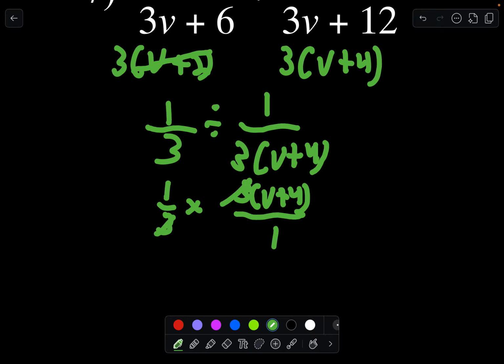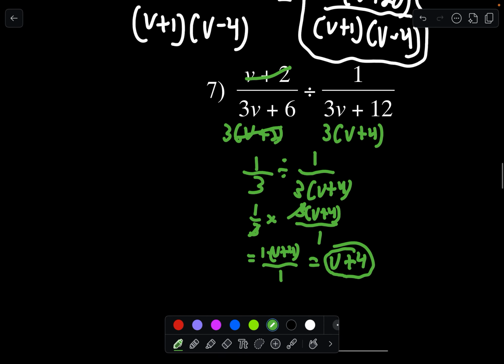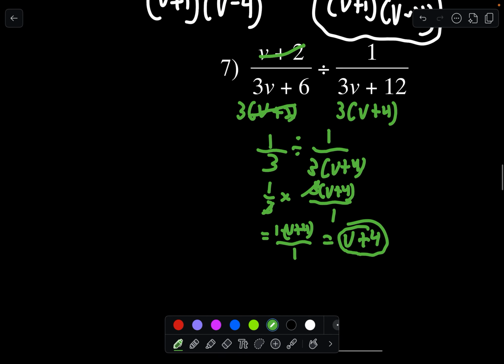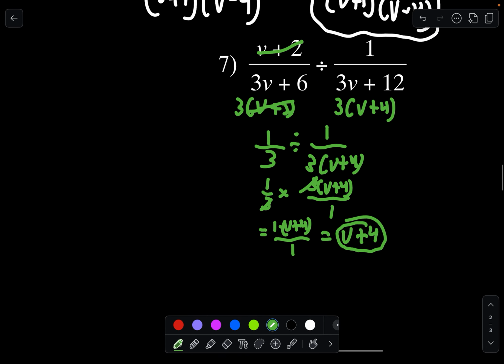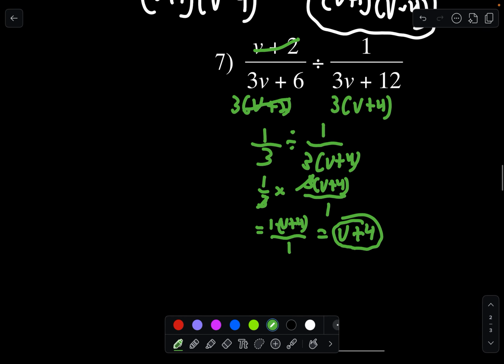It's the 3. So the result is simply v plus 4 over 1, which is just v plus 4. All right? So the key here is to turn division into multiplication by flip right and multiplying. I'm going to stop and start another video so I can do the last two problems.